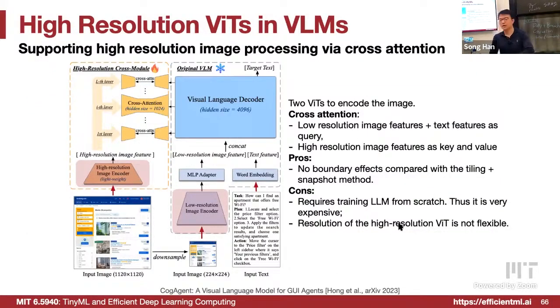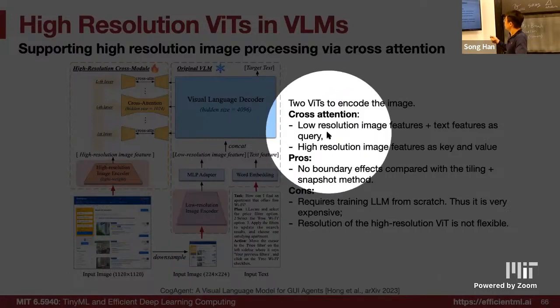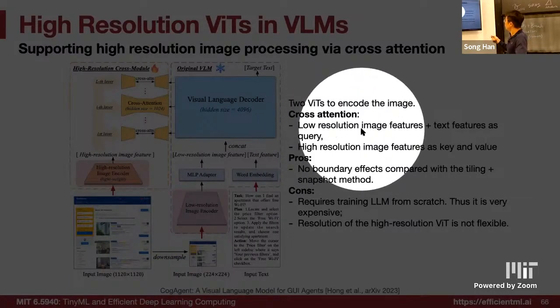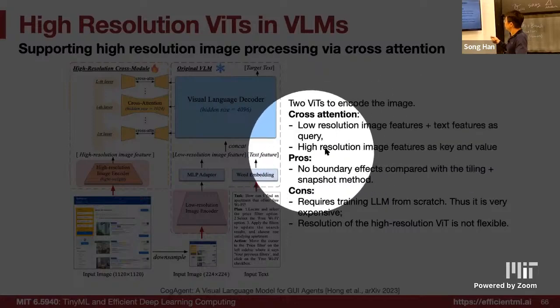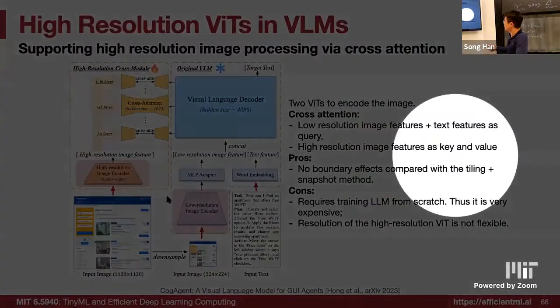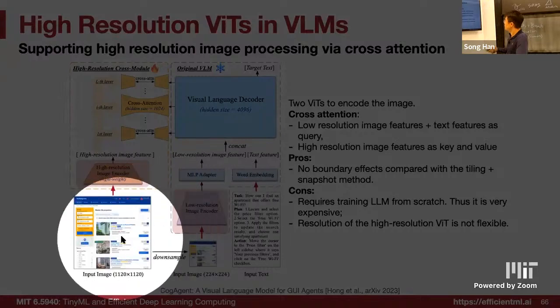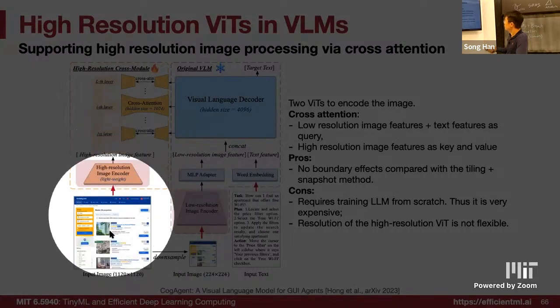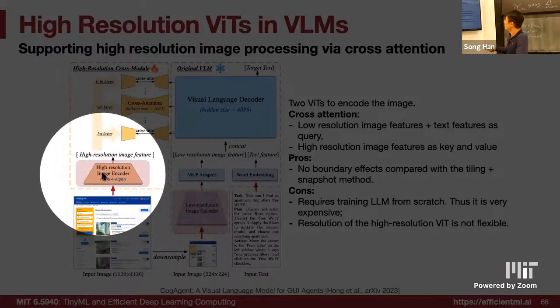Another way to support high resolution image processing is using the cross-attention method in the CogAgent paper. Cross-attention basically says you take low resolution image features and text features as the query, and use the high resolution image features as key and value, and use cross-attention to process them together. Notice there's a low resolution image encoder and also a high resolution image encoder. This is probably an image from booking.com, a low resolution version and a high resolution version.